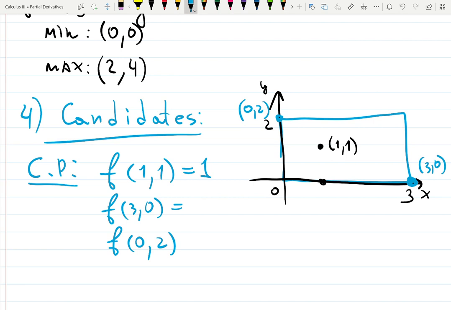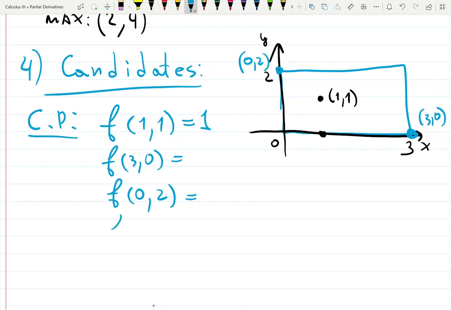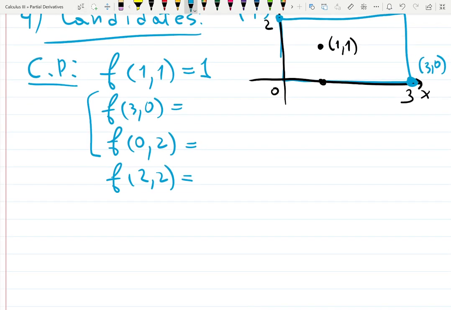Some of them match, as you can see. (2, 2), let's do last, just a second. So we need to find F of these couples: F of (2, 2). And we also have (0, 0). And we also have (3, 2).